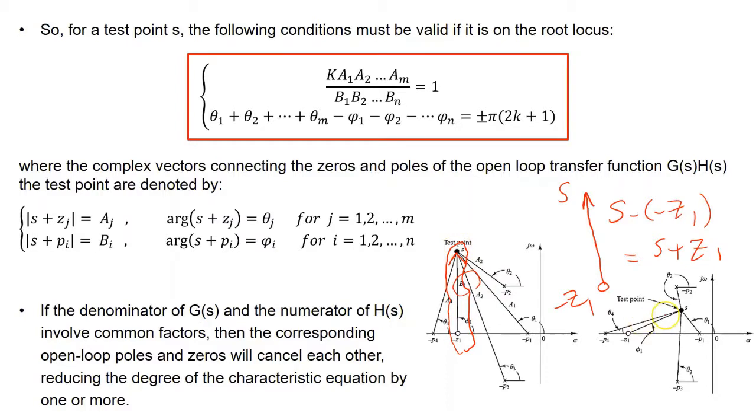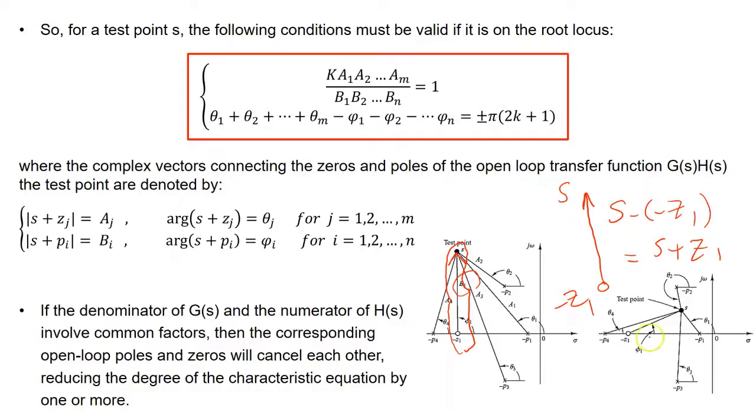And then the angles of these are called what? Thetas or phis, right? So for the zeros, we call them thetas, and for the denominators, we call them phis. And that's what you can see over here, right? Let me make sure that I'm not making a mistake, because there is a contradiction in notation.